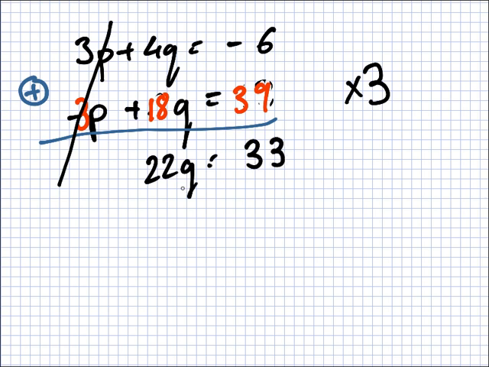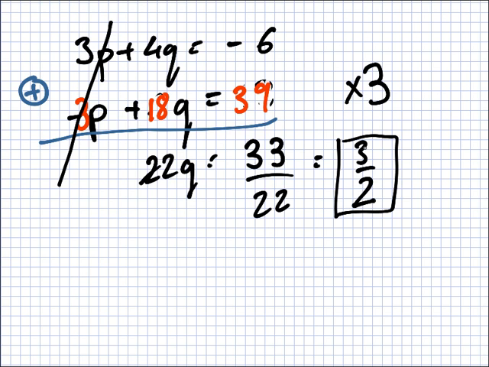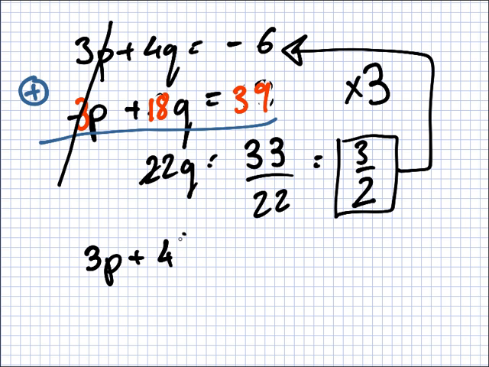33. Yeah. So then q is 33 over 22. 3 over 11 goes into that 3 times, 3 over 2? Yeah, it should be. Yeah, 3 over 2. Okay. And that you can sub back in there. So that's 3p plus 4q, which is 3 over 2, equals minus 6.